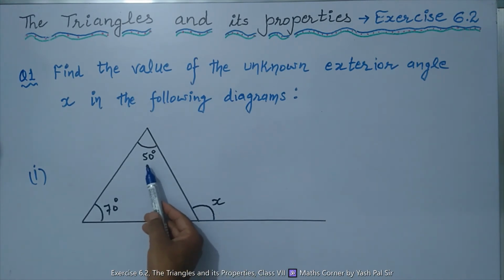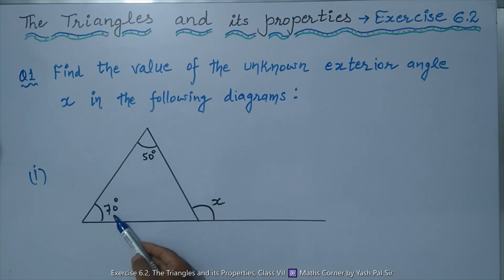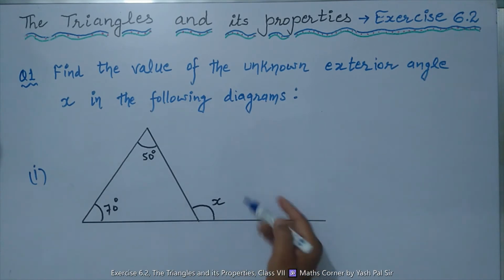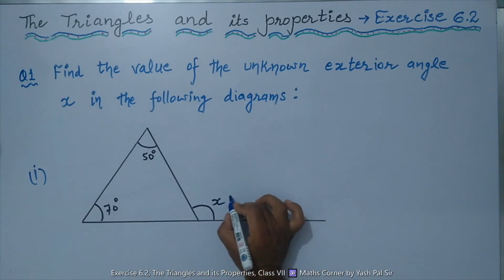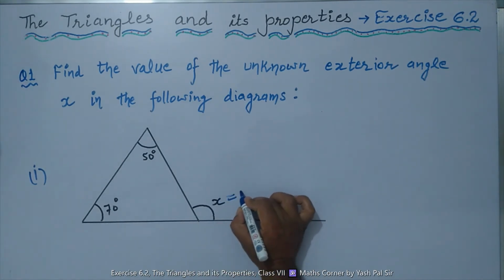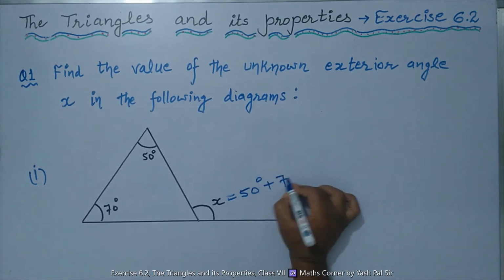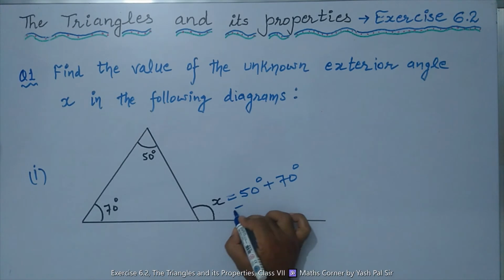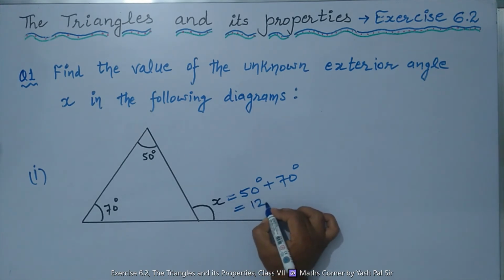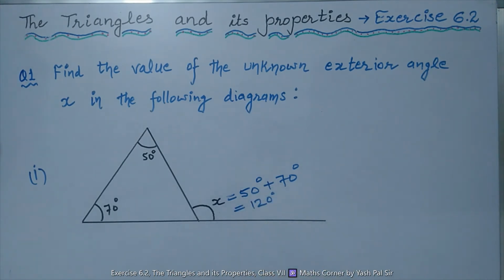Opposite interior angles are 50 degree and 70 degree, and the sum of opposite interior angles is equal to the exterior angle, which is equal to 50 degree plus 70 degree. So our answer is 120 degree. This is the solution. This is the angle X.